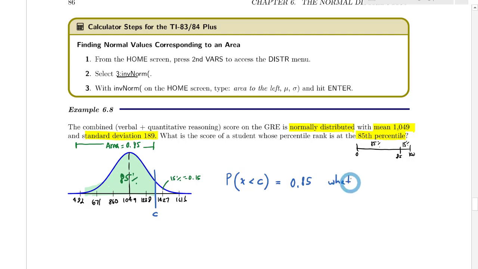And we want to say what is c. Okay, well, we know some pieces of information. We know that the mean is 1049 and the standard deviation is 189.